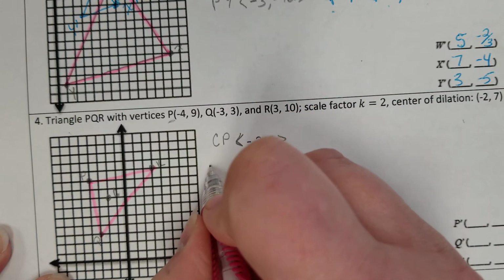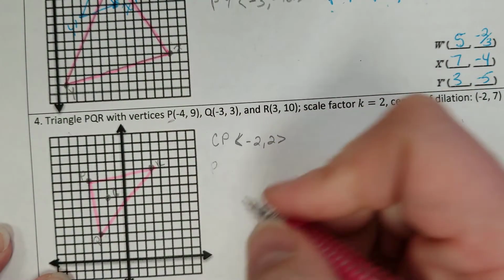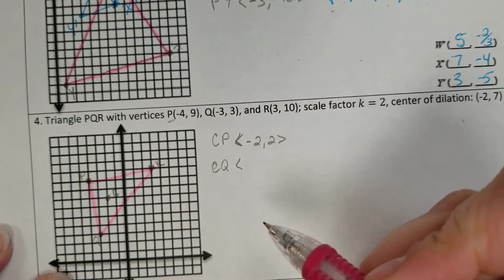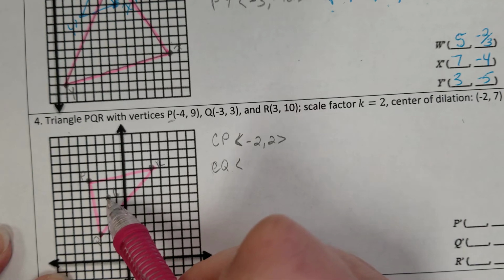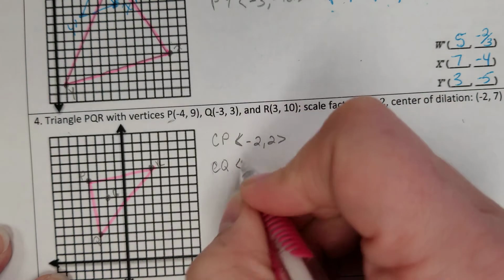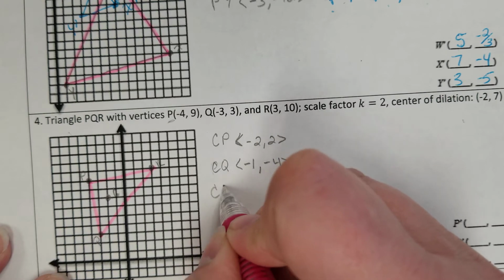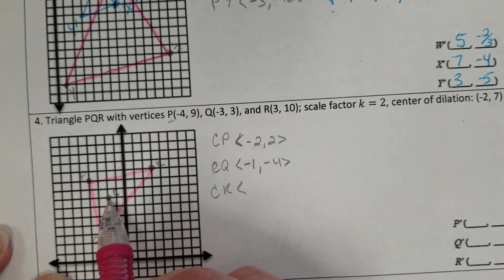And then C to Q, we start at C, and we're going 1 to the left, and then down 1, 2, 3, 4. So we have -1, -4, and then C to R. So we're starting at C, and we're going to the right this time.